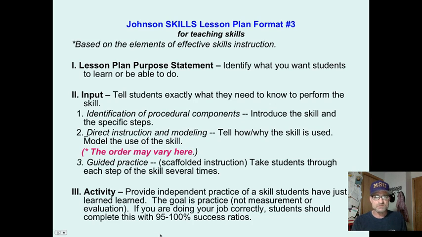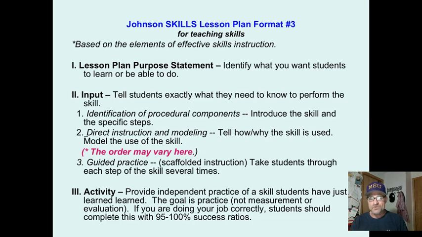A skills lesson plan is based on the elements of effective skills instruction, much different than the other lesson plans. Identify what you want students to learn. Students will learn about double-digit addition, or students will learn how to add 2-digit numbers. And tell students exactly what you need to know. You identify the steps, you give them instruction, you model the skill, and then guided practice, you take them through the skill.